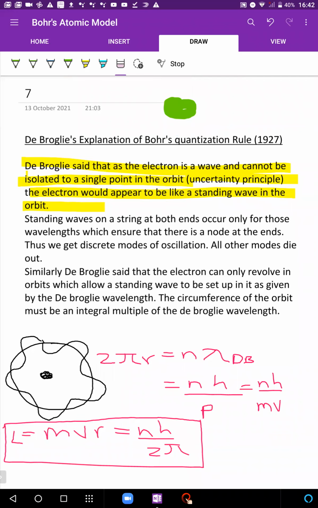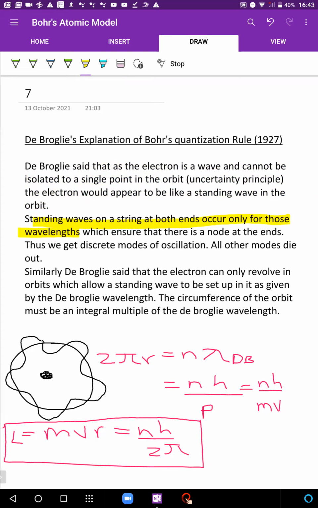Now imagine this. Given that we are embracing the wave nature of an electron, if the electron is like a standing wave in this orbit, then look at standing waves on a string with both ends fixed. These standing waves occur not for all wavelengths.